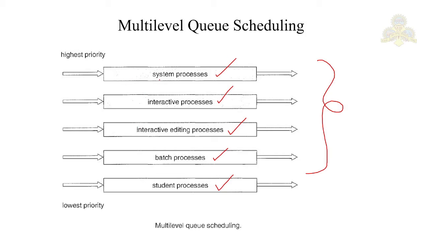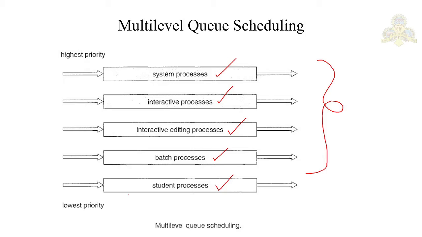That means whenever a process which is under the system process queue executes, it is of higher priority. Okay. In the priority line, the first one, the highest priority, is the system process, then comes interactive, then your interactive editing, then batch process, and the last one, the lowest priority, is your student processes.